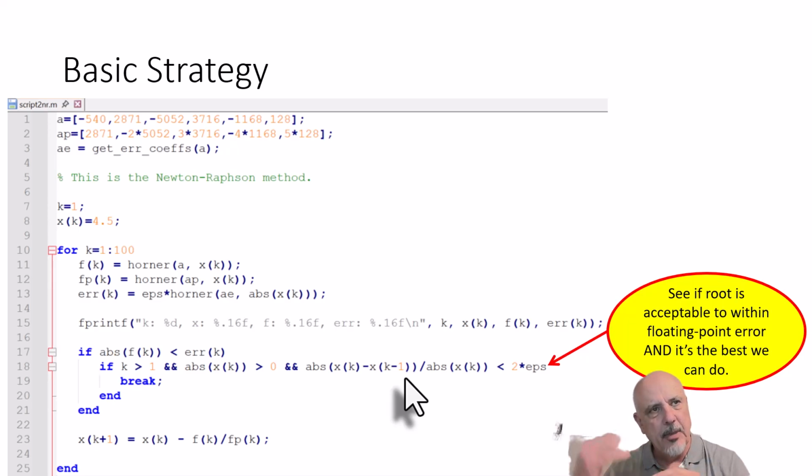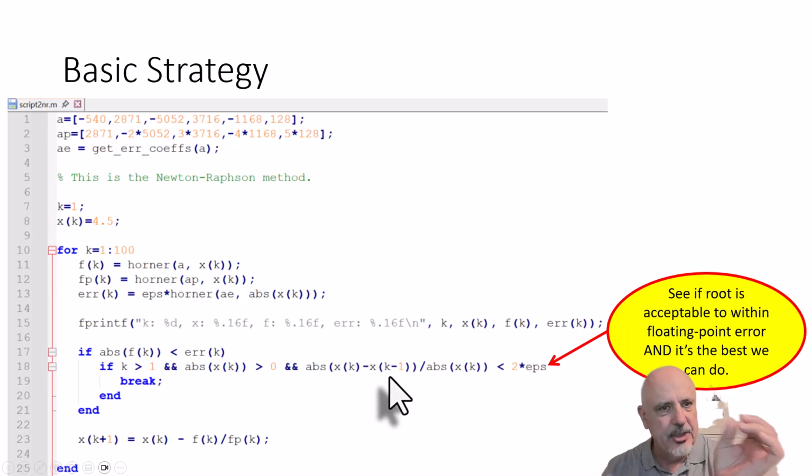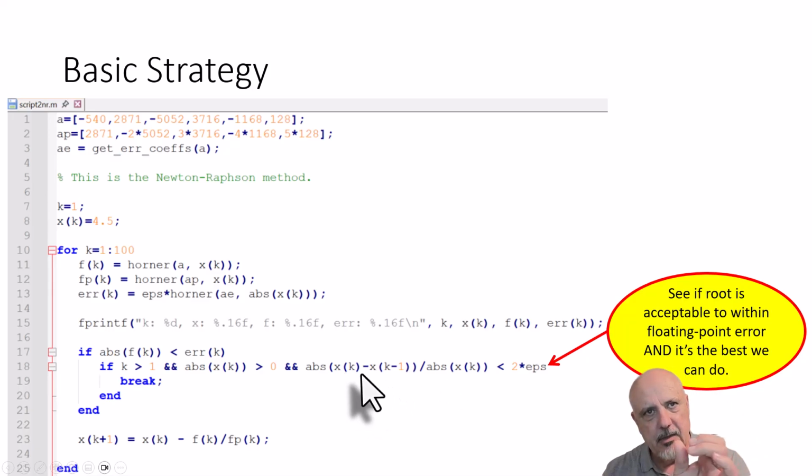If my polynomial is diminishing and I'm making more progress, I'm going to keep going. So once the x stops changing, and that's what this is capturing, if the relative difference between the current x and the previous x is less than 2 eps, which is very minute, if that's true, I'm going to break.